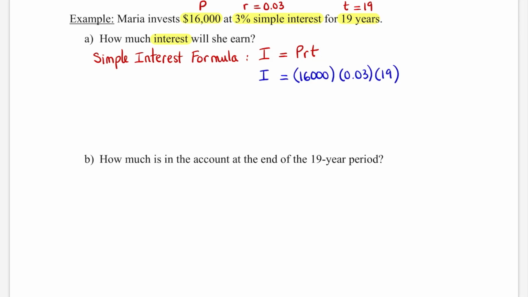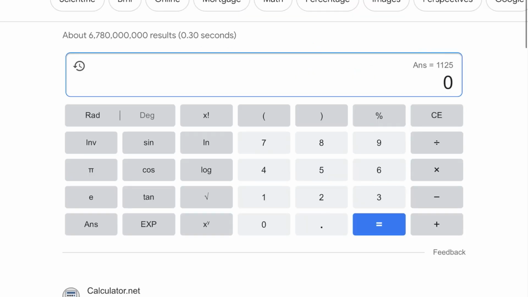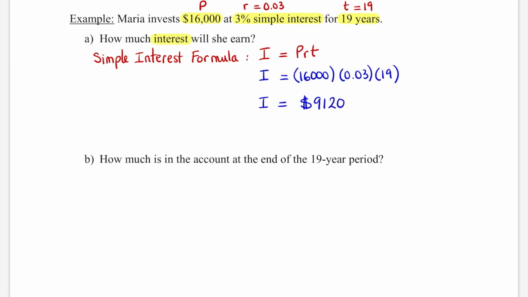And I'll put this in my calculator. So I have 16,000 times 0.03 times 19. I have $9,120. So after 19 years, the total interest that Maria earns is $9,120.